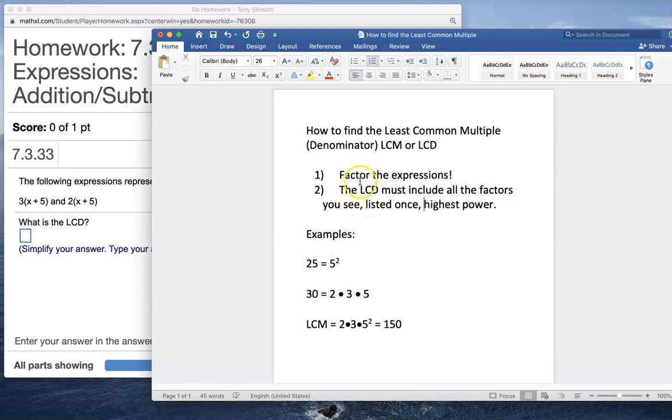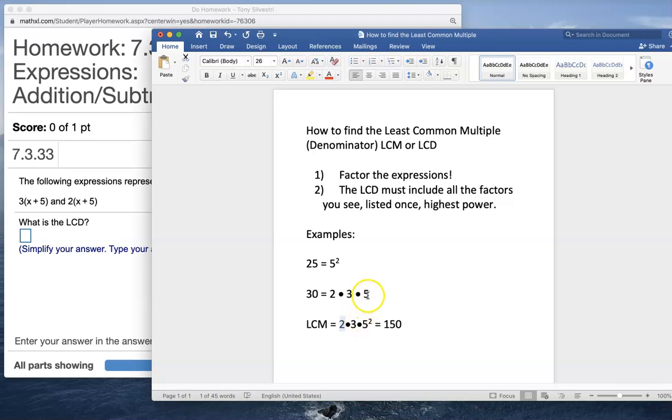Now, we factored the expressions. In this case, we factored the numbers. The lowest common denominator must include all the factors you see. I see a 2. So therefore, the least common multiple, least common denominator, has to have a 2. I see a 3. It has to have a 3.